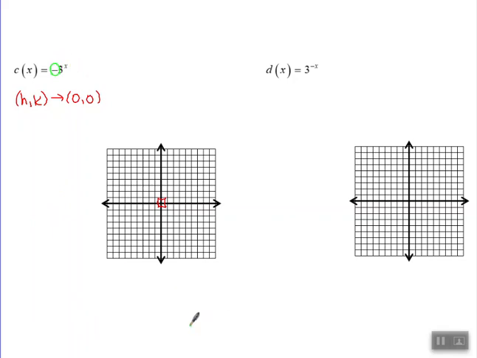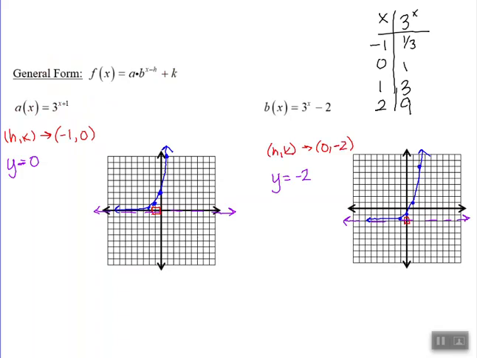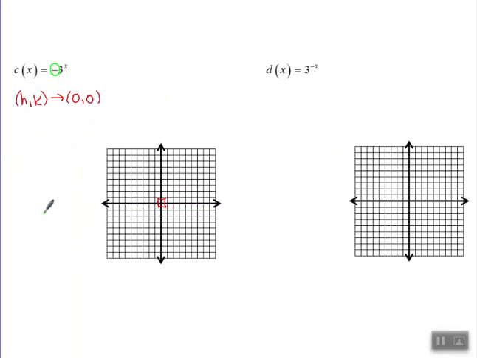So this means that our a value, if we go back to our general form, is -1. And that is going to flip our graph upside down. So I'm going to rewrite our t-chart.